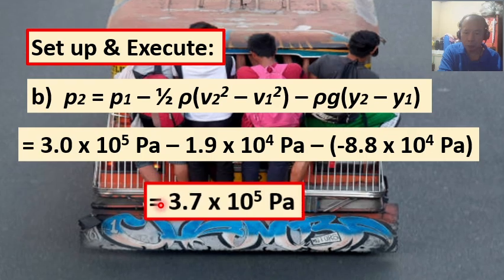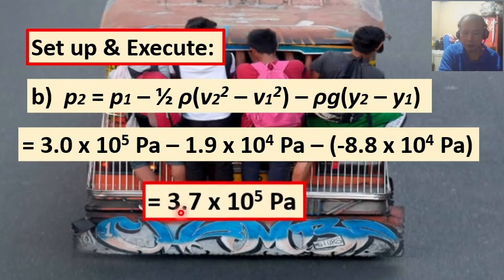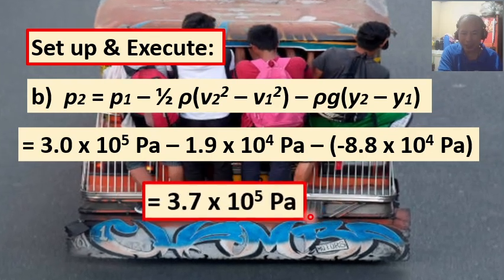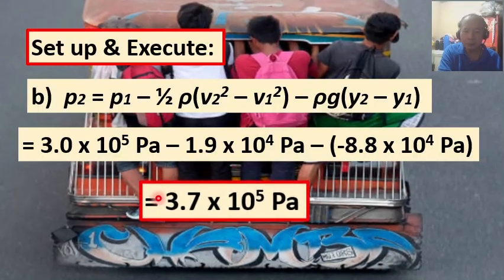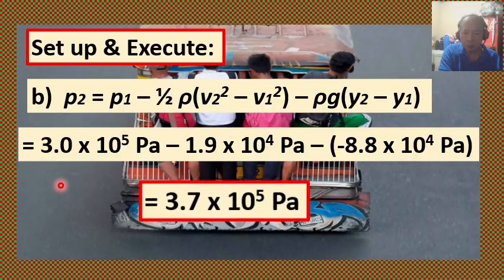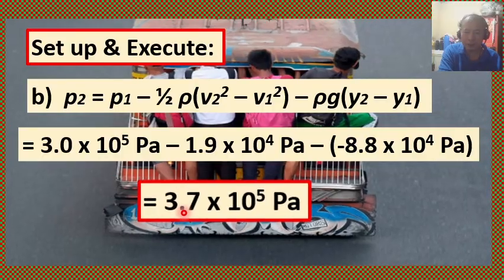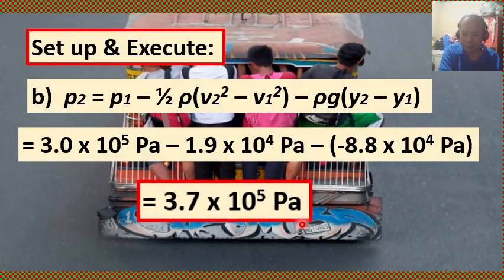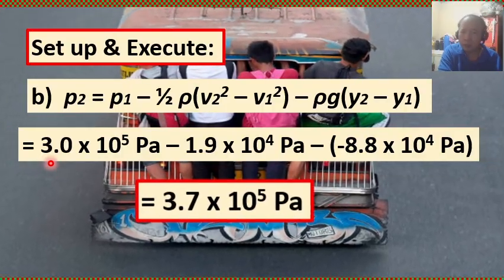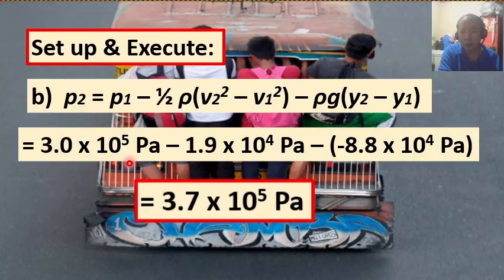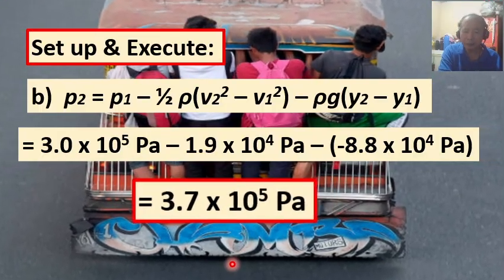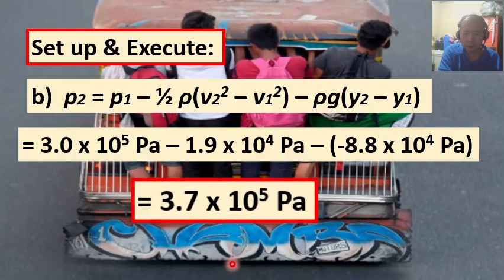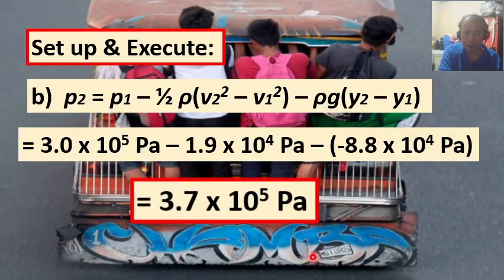Since P2 that we have computed here is 3.7 times 10 to the 5th Pascal, when we deduct P1 from P2, or 3.7 times 10 to the 5th Pascal minus 3.0 times 10 to the 5th Pascal, we get a difference of 0.7 times 10 to the 5th power Pascal.